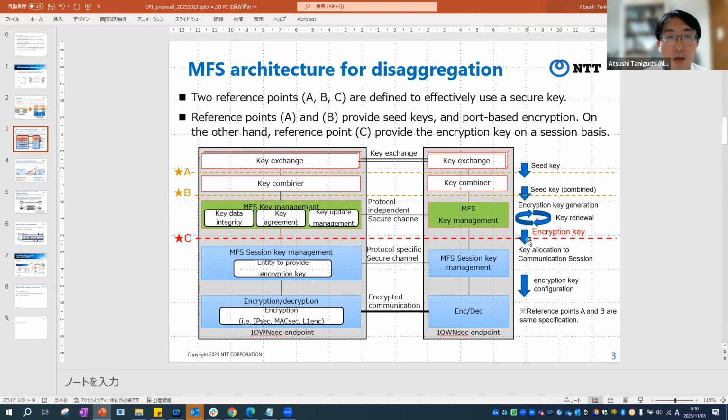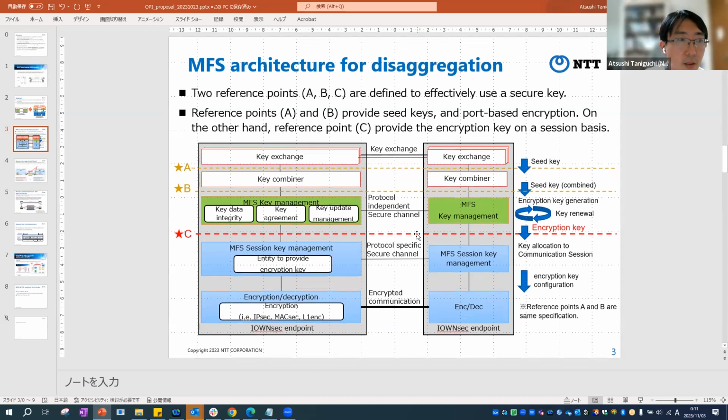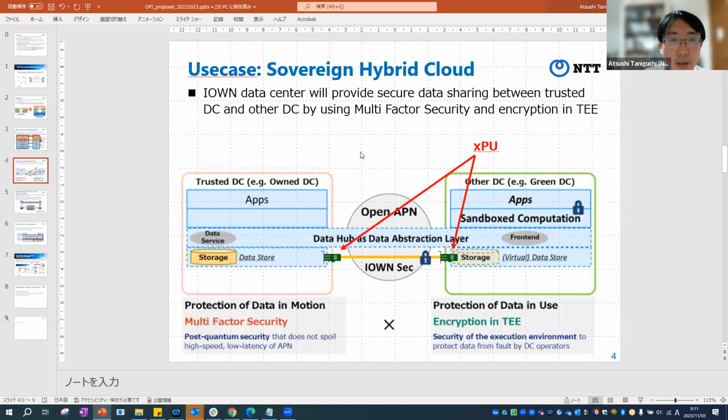So this is an example. It's not a complete case, but we would like to discuss which architecture is best. For this use case, in the ION Global Forum, we provide a sovereign hybrid cloud.